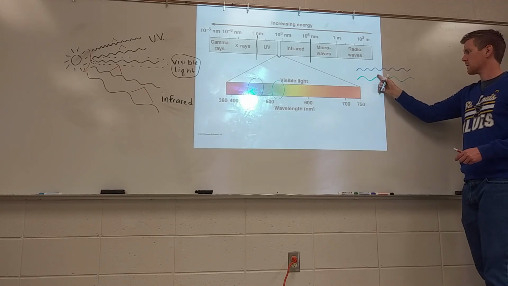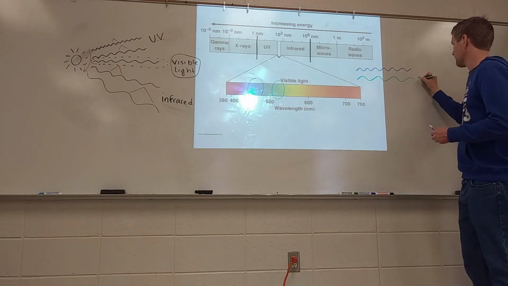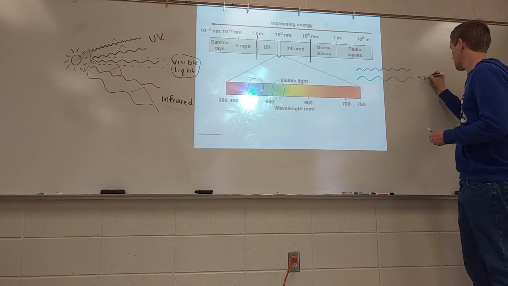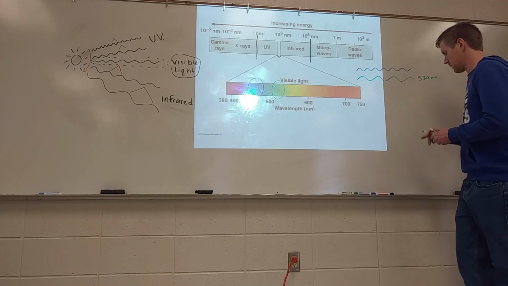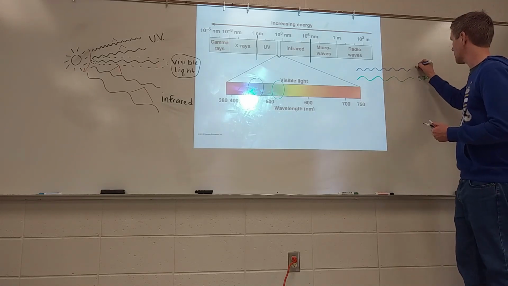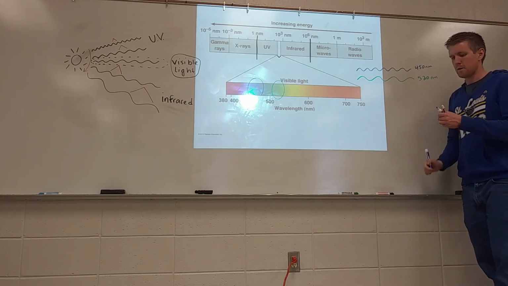Notice how the crest to crest measurement is greater for green, because the wavelength is going to be longer. Red is up near 700.